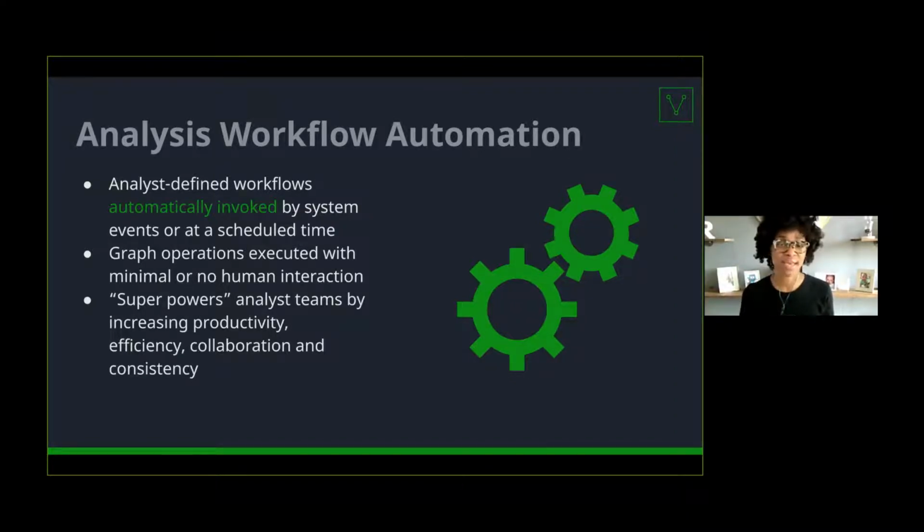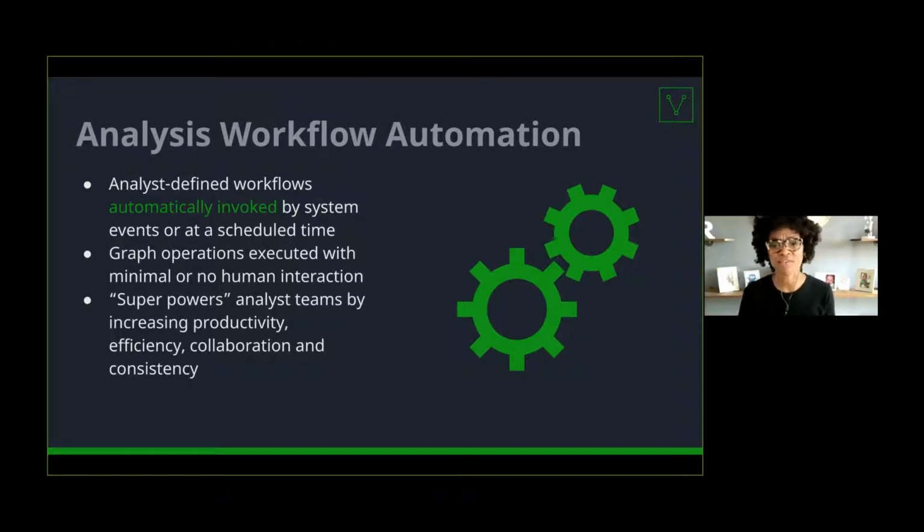So the question we had is, if these workflows are formulaic, if they follow a specific methodology, so if my analysis can be codified, then why not automate it? Why not leave the analysis that requires human interaction to be done by me and have everything else be done by the system?